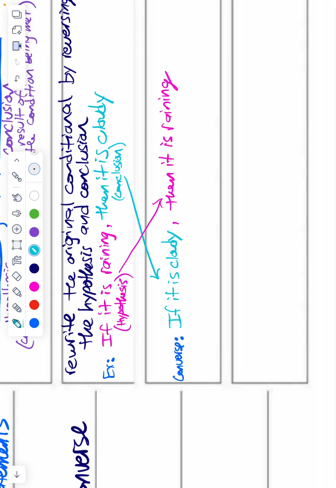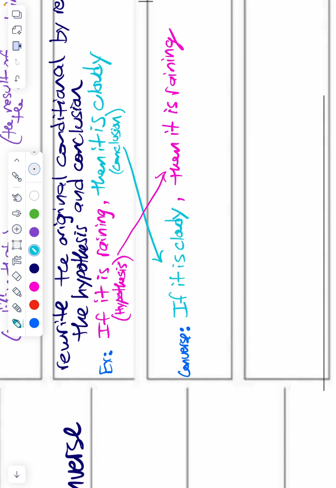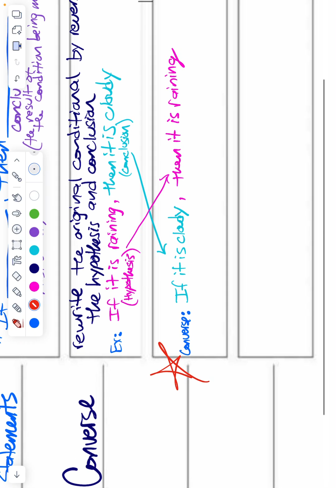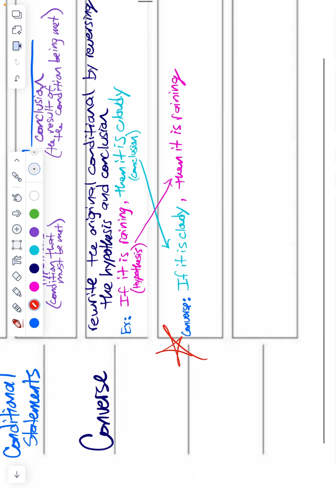It will allow us to prove that two lines are parallel. It will allow us to prove that something is a parallelogram or square or those kinds of things. So, kind of a big deal. Was the converse true in this case? If it is cloudy, then it is raining? No, that's not a true statement. And what would be a good counterexample for that?